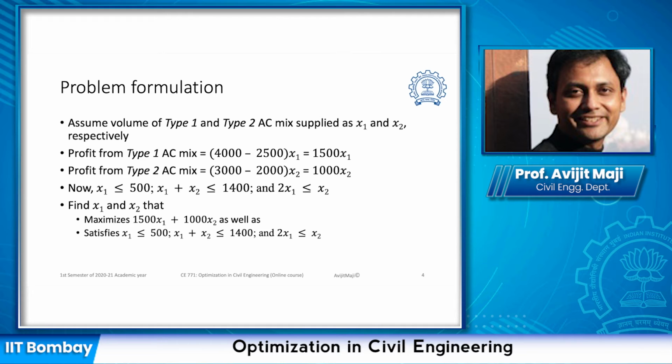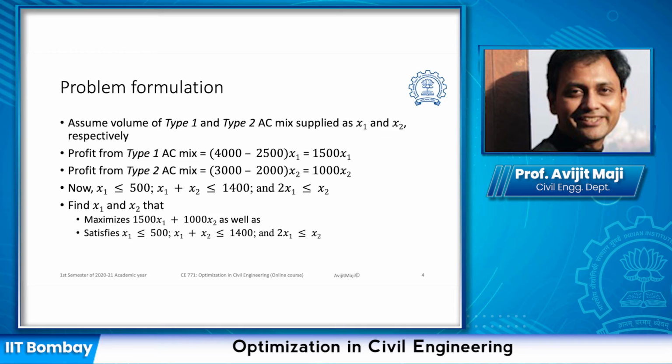The profit of the type 1 asphalt concrete is the difference between the selling price, which was 4000 rupees per meter cube, and the material cost, 2500 rupees per meter cube.